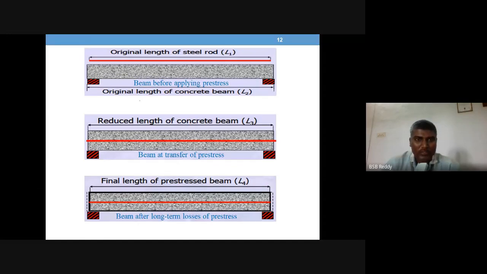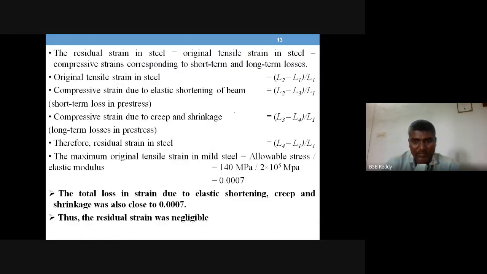Okay, so take a member and try to put it in terms of some numbers. If you take a mild steel rod, the allowable stress for mild steel is only 140 megapascal, divided by Young's modulus of steel, which will give you the strain, which is 0.0007.